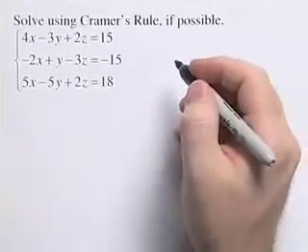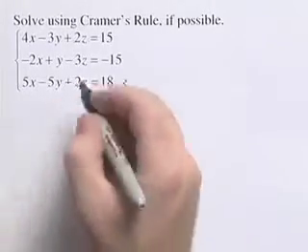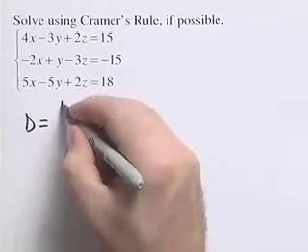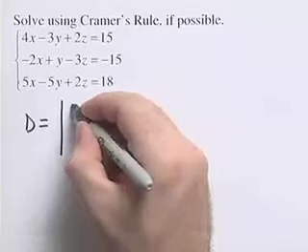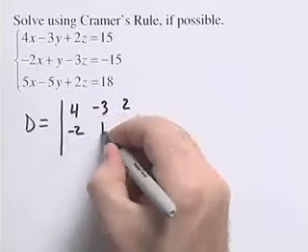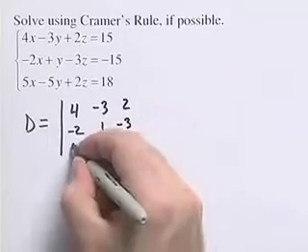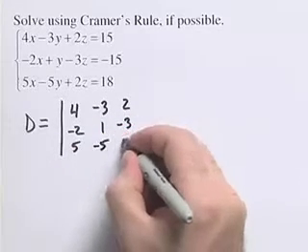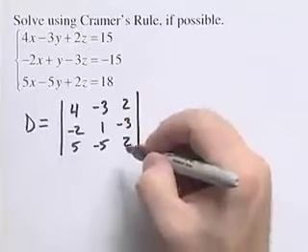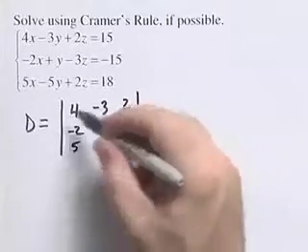The first thing that we need to do is find our determinant of the coefficients, D. So we need the determinant of 4, negative 3, 2, negative 2, 1, negative 3, 5, negative 5, and 2. Now we don't have any zeros anywhere in this determinant, so we can expand across the first row.